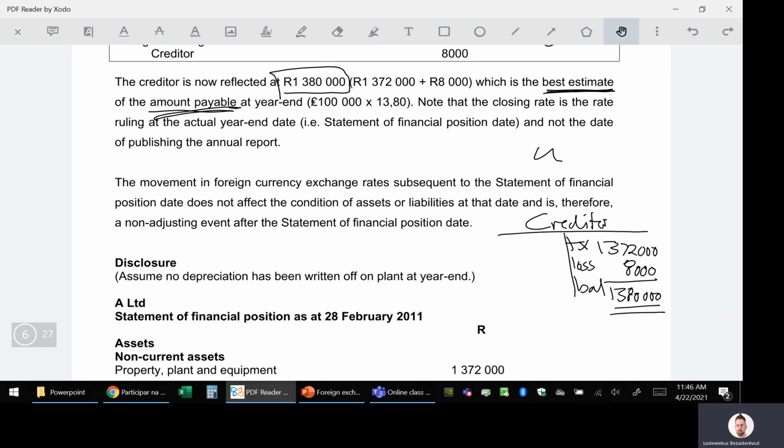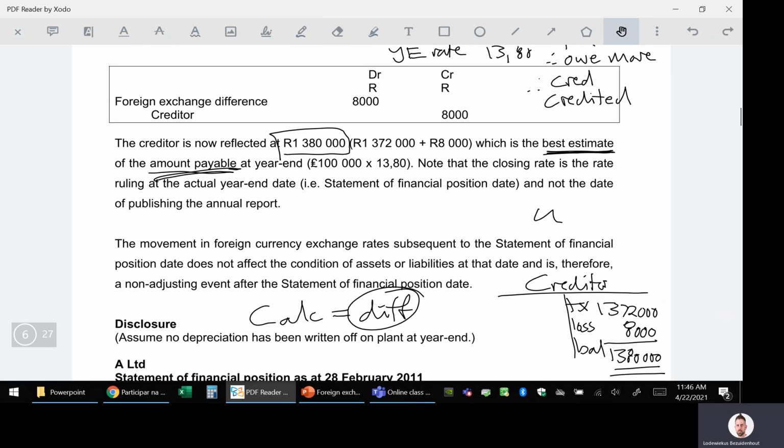So all we need to do is calculate the difference, and that is our adjustment that we need to make. That creditor 8,000 is the calculation that we did by using the difference, and we credit the creditor.